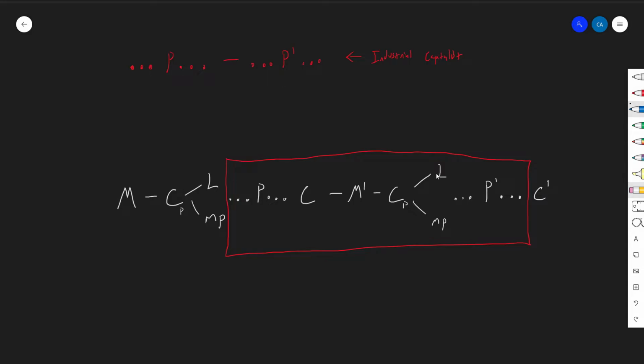The finance capitalist, on the other hand, sees the circuit that we started with, M to M prime. That's the finance capitalist. And then finally, the commercial capitalist, they see C to C prime.